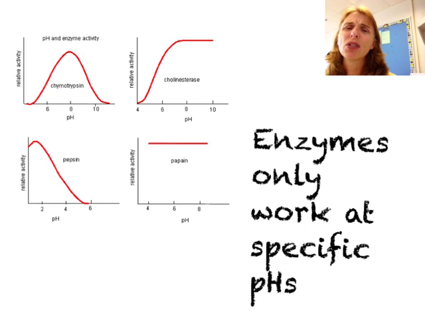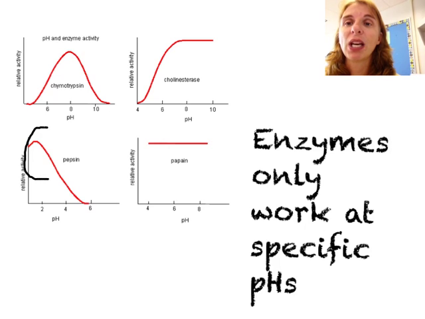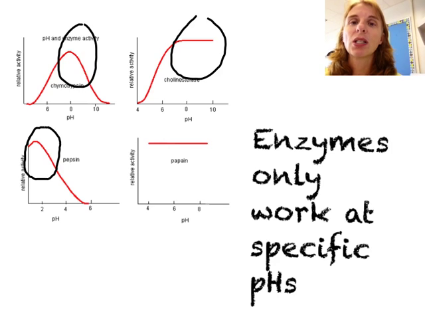Well, all of those are determined by chemical bonds, and those chemical bonds get messed up if the pH shifts too much. So some are designed to work at very low pHs, like pepsin, which is found in the stomach, and others are designed to work at higher pHs. But whatever the pH is, if you shift it, you're going to mess with the functionality of the enzyme and it's going to stop working.